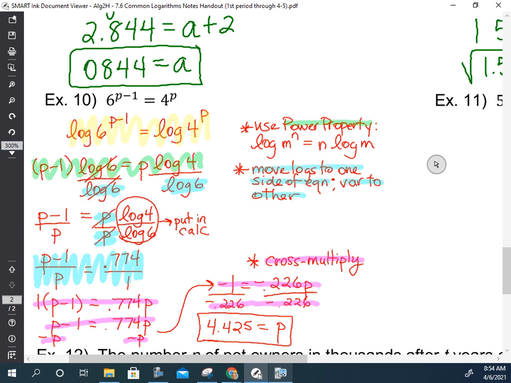You do have to take your time, make sure you're doing everything correctly. So, any questions? Any place where you got stuck? Any question you're concerned or confused about with example number 10? We will do another example of that very shortly.